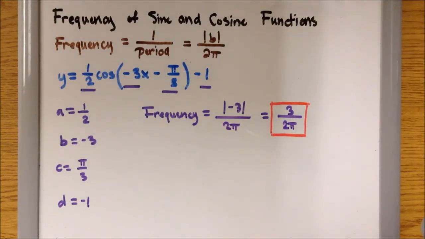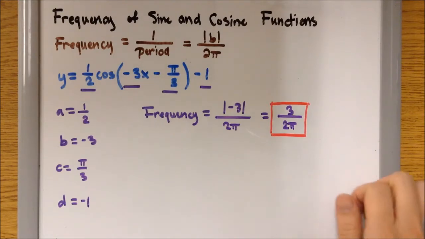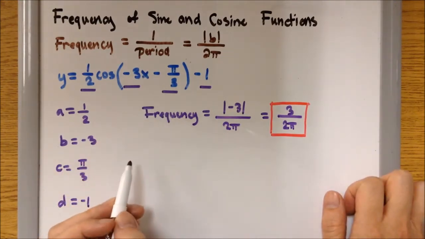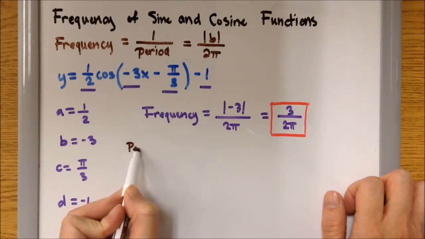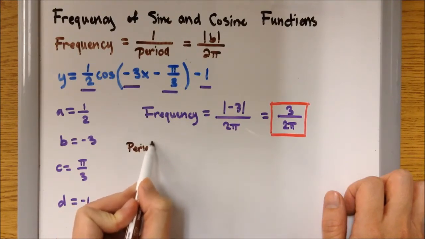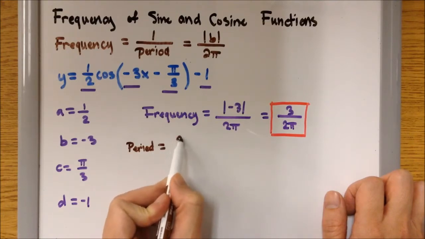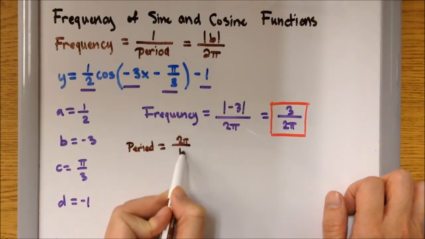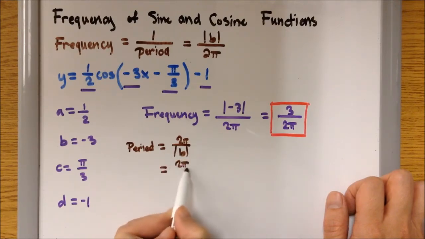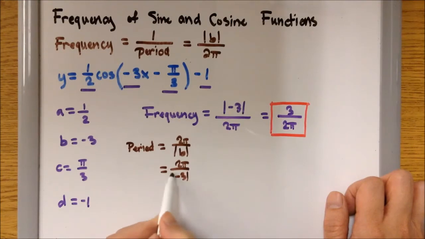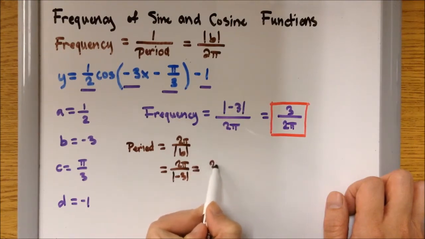Now, had you found period beforehand, so say we're using the same example but doing period, so period was 2 pi over absolute value of b, so it's 2 pi over the absolute value of -3, which is 2 pi over 3.